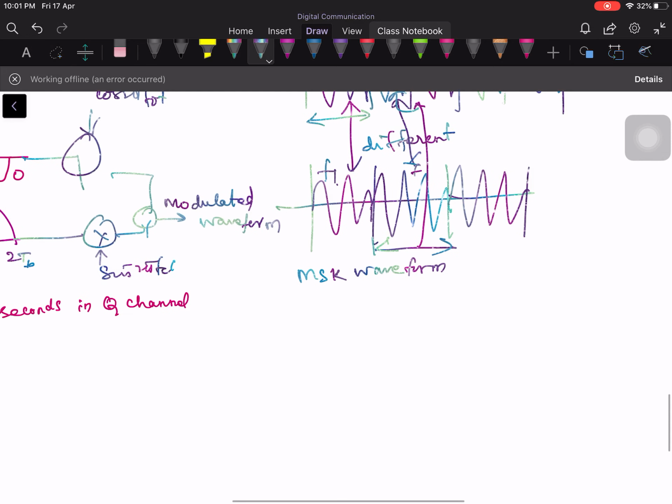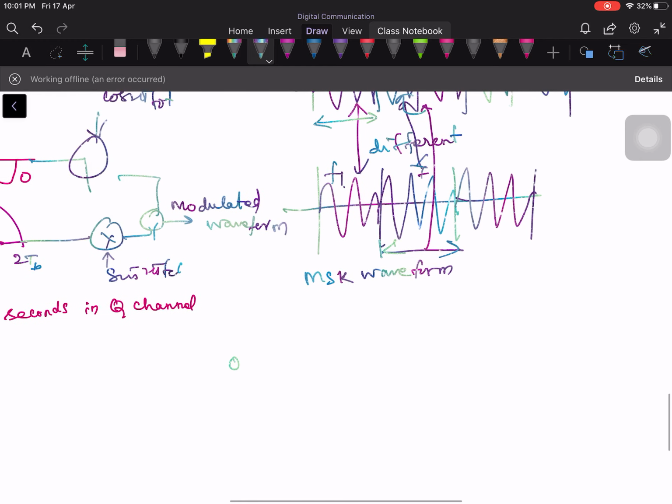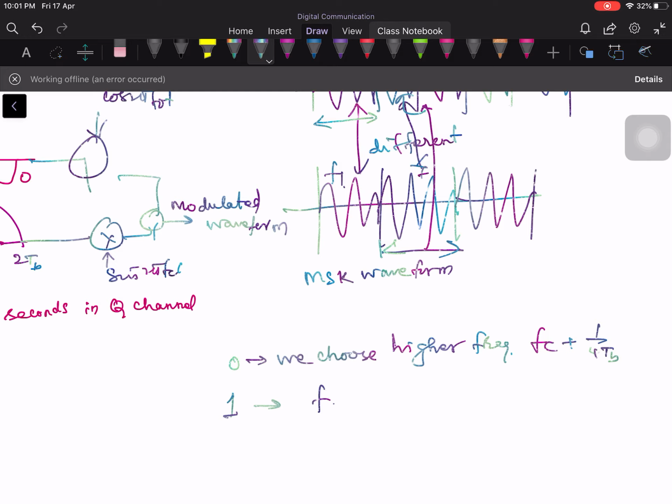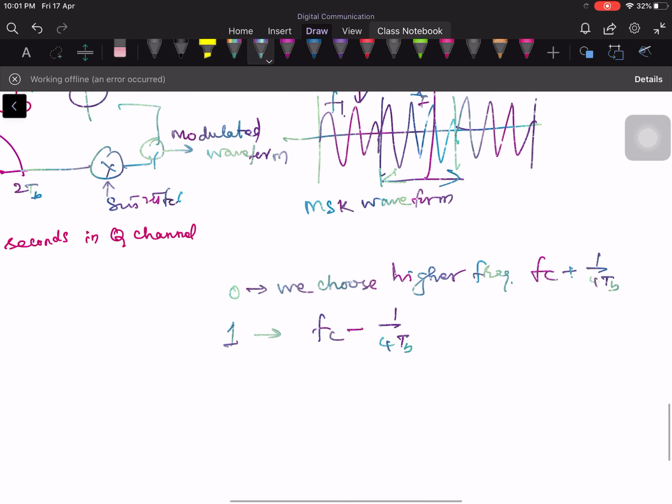Therefore, in general corresponding to 0 we choose a higher frequency, that is Fc plus 1 by 4 Tb, and corresponding to 1 we choose a lower frequency, let's say Fc minus 1 over 4 Tb, just for the sake of argument.